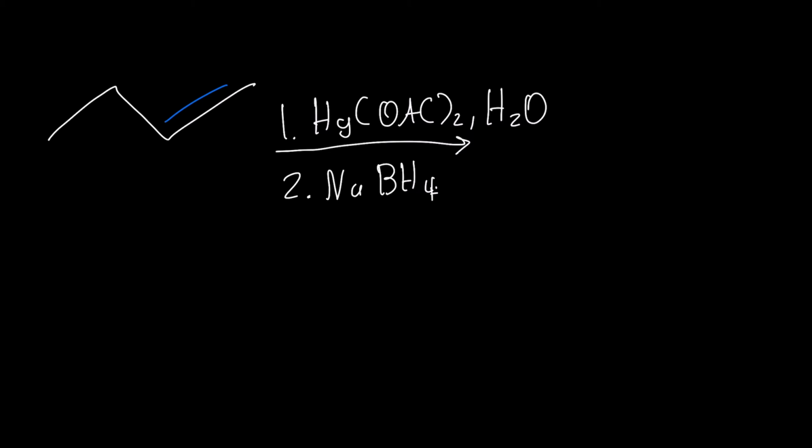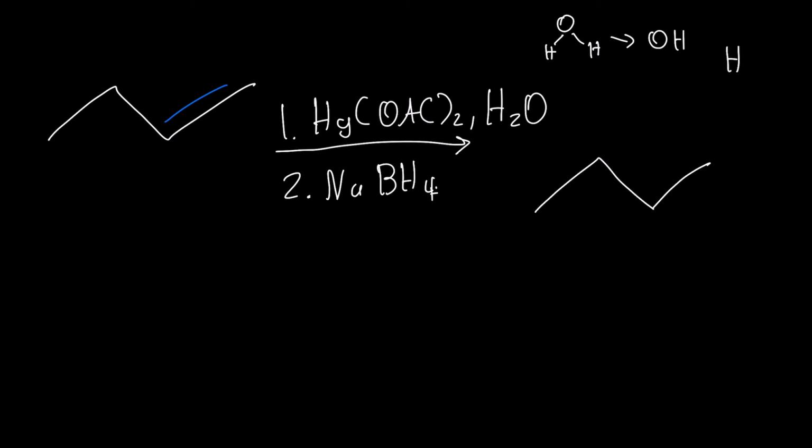In this situation, you are going to have Markovnikov addition. So these two are going to add with Markovnikov, and specifically you're adding the water. Water looks like this, but when you do this addition, it's going to have 2 parts. It's going to have the OH and it's going to have the hydrogen.